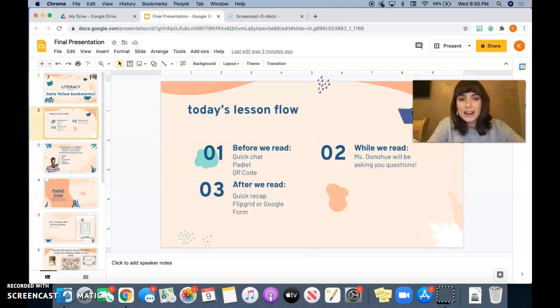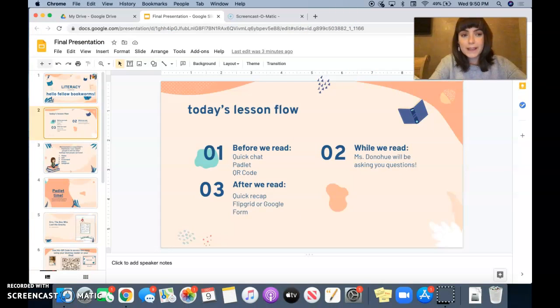And then I'm going to exit that just in case my face blocks it. I would present to my students today's lesson flow. I would tell them before we read, we're going to do a quick chat, we are going to complete a Padlet, and we are going to use a QR code reader to open up the story that we're going to be working on.